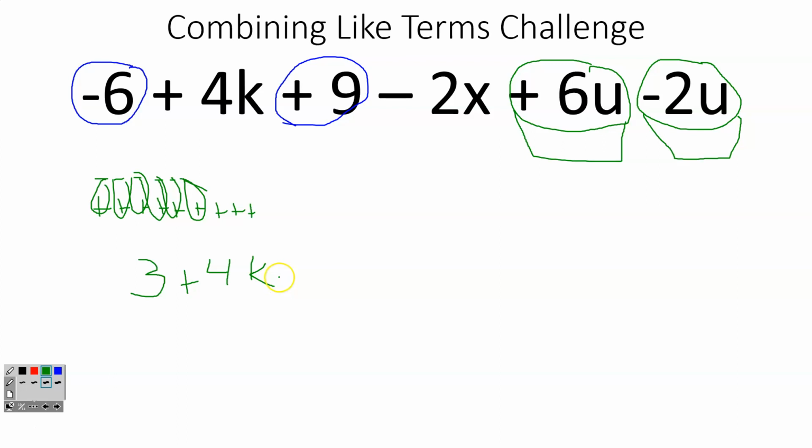I can't combine that -2x with anything, so I'm going to bring that down. Now, if I have +6u's and -2u's, 1, 2, 3, 4, 5, 6, and then 2 negatives. It's going to give me 4 positives, and then don't forget my variable.